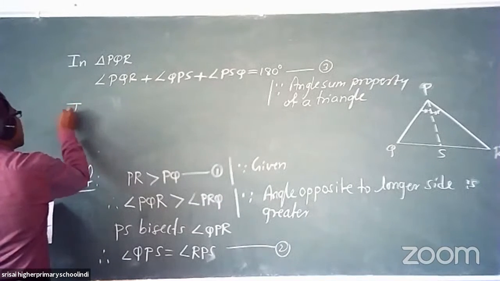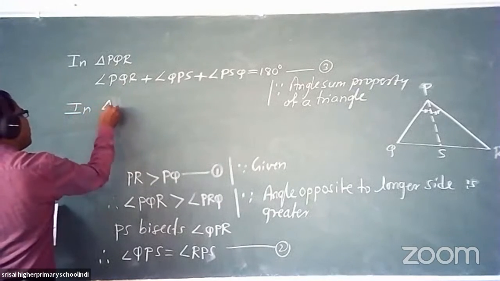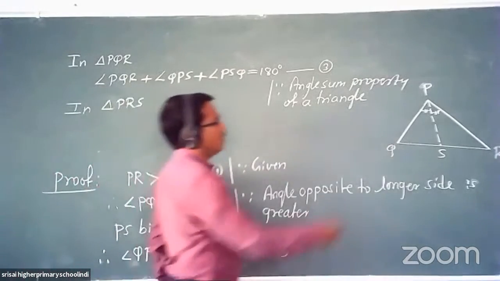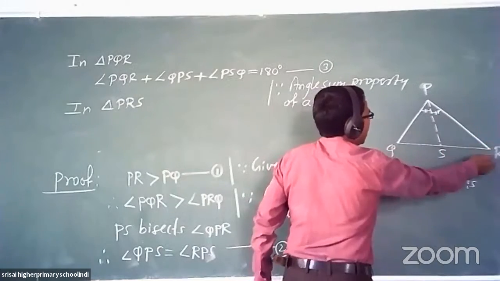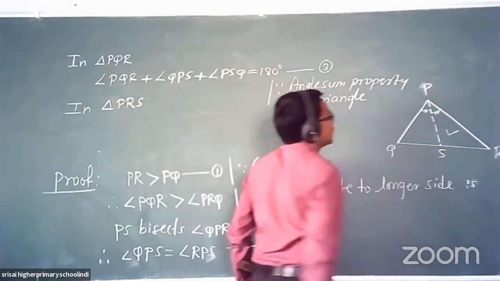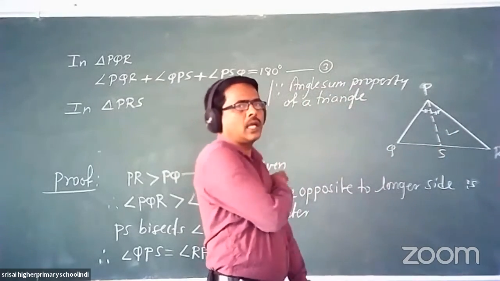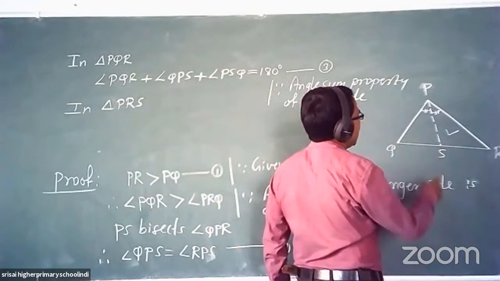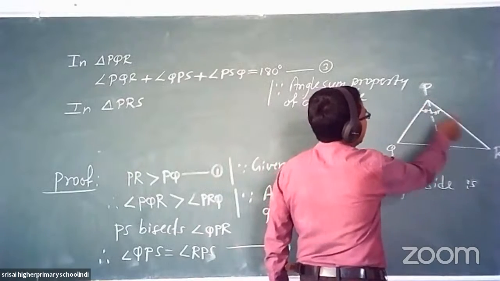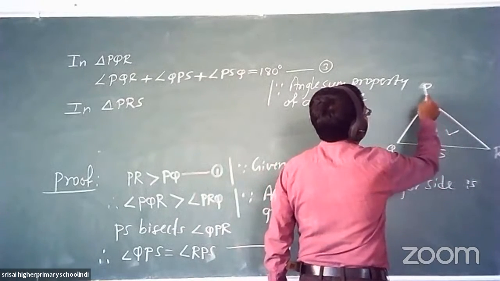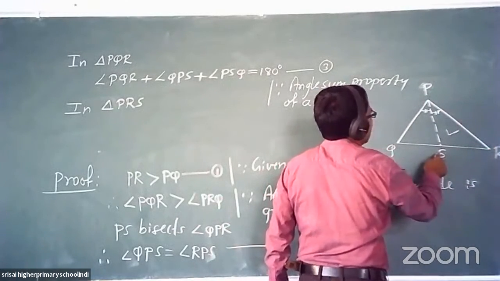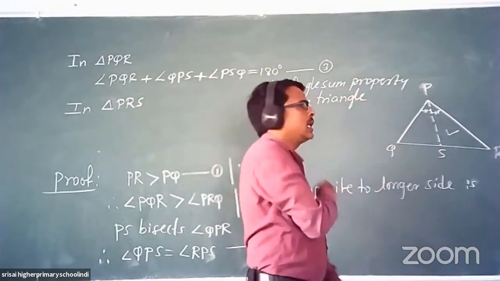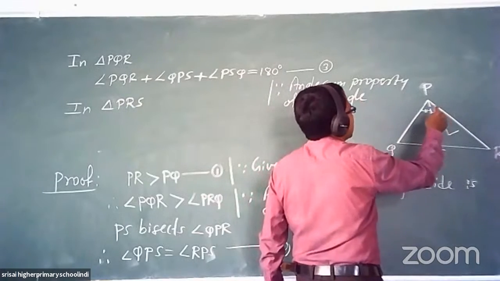In triangle PRS, we apply the angle sum property of the triangle again. Angle SPR plus angle PRS plus angle RSP equals 180. That is the sum of these angles.